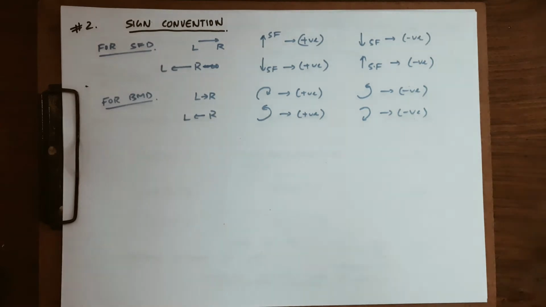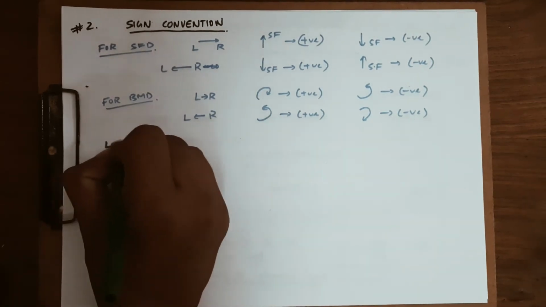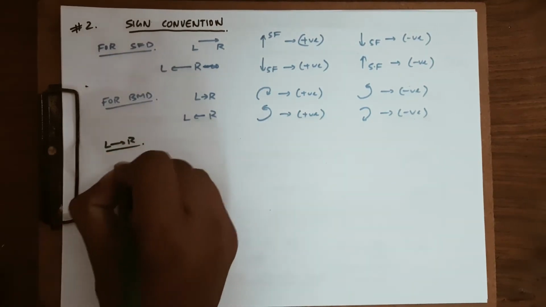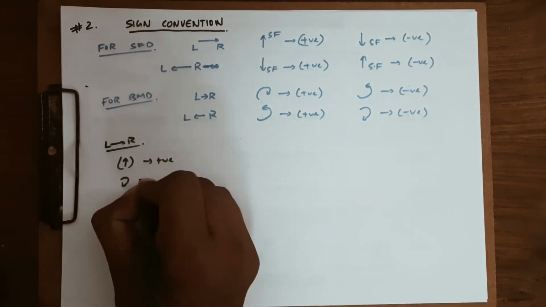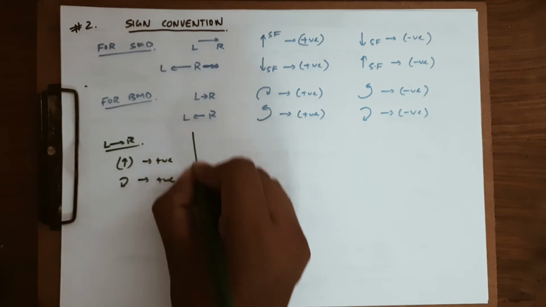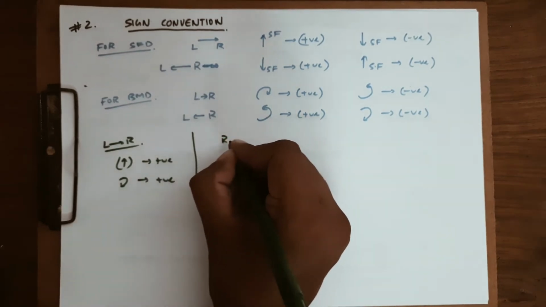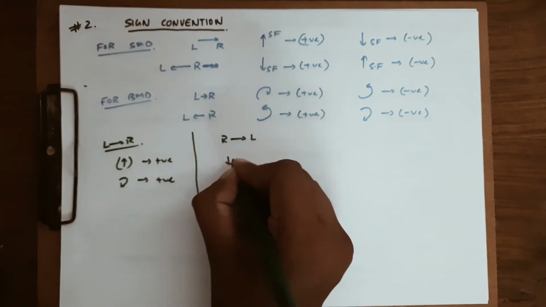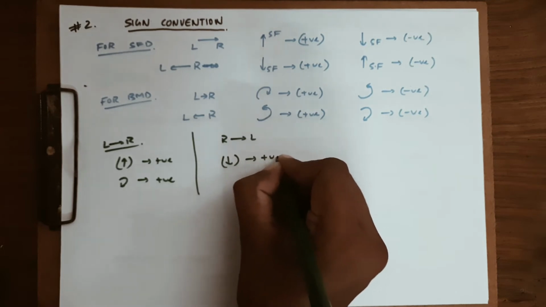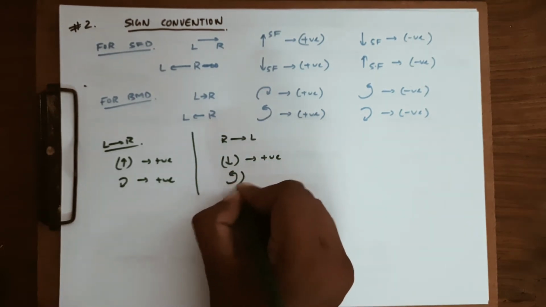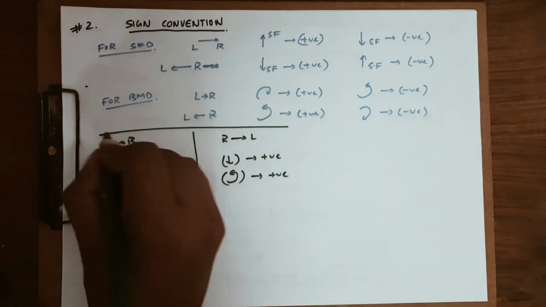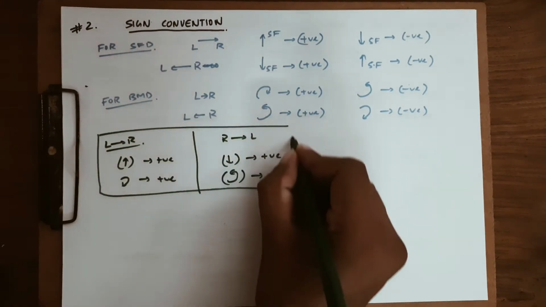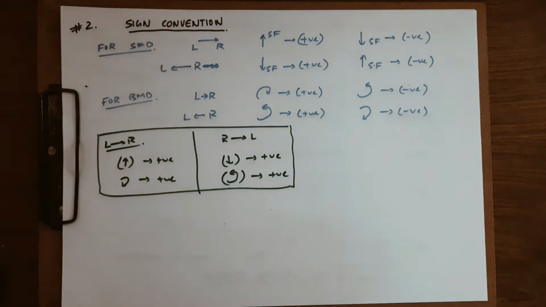We can remember it this way: from left to right, upward force positive, clockwise moment positive. And if we are going right to left, then downward force positive and anti-clockwise moment is positive. So in this way we can remember the sign convention. So this is our step 2.